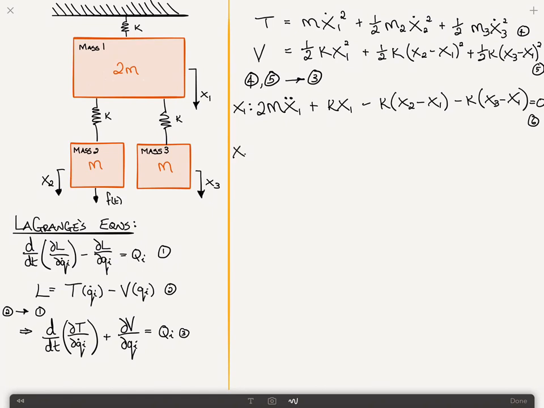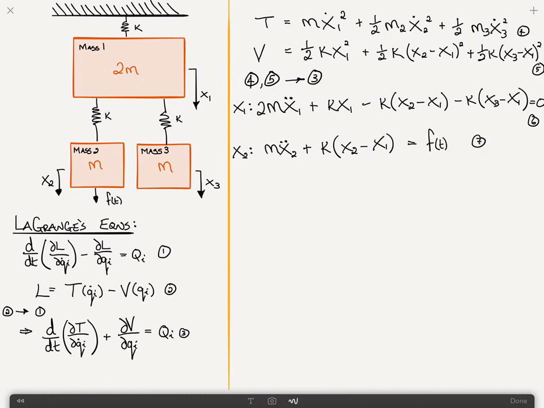For the x2 coordinate, we end up with m x2 double dot plus k times (x2 minus x1), and that is equal to the force here, the generalized force, which in this case is equal to F of t.